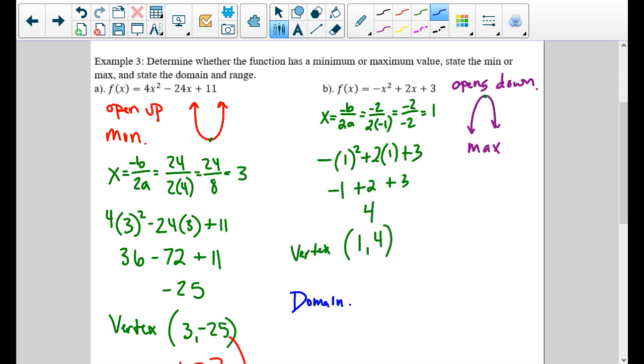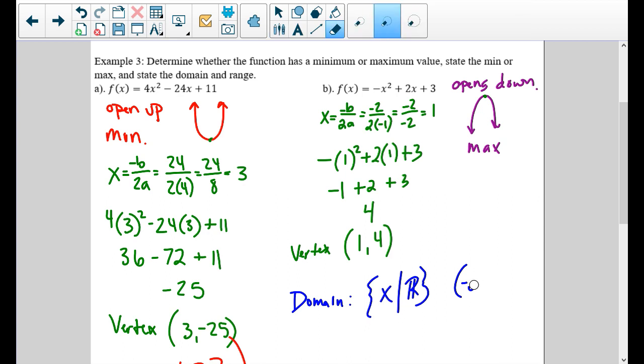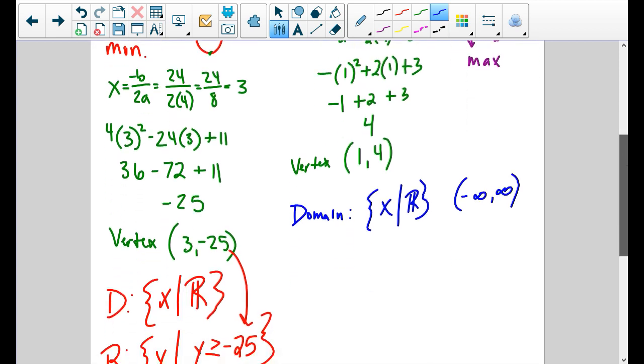And so then my domain, what's my domain? All real numbers. Or you can say negative infinity to positive infinity. If you go into calculus, you'll probably use interval notation for pre-calc. Range. Y values, and this is opening down, so y is less than or equal to 4.